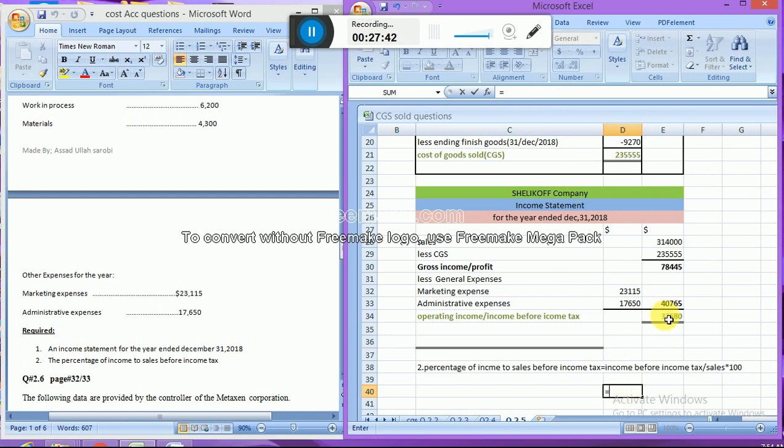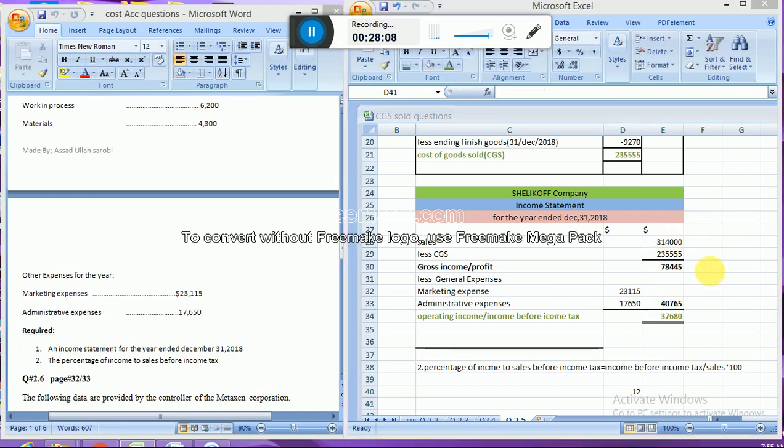That is 37,680 divided by the sales, which is 3,14,000, multiplied by 100.